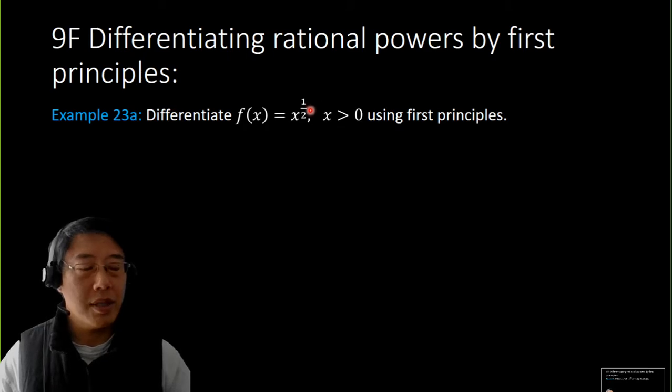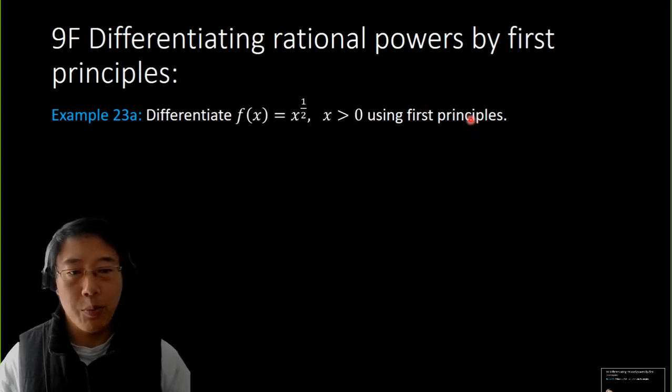So let's look at a simple function which is x to the power of 1 over 2, which is the square root of x. Just be mindful about the domain. So using the first principles, what we do is we create 2 points.